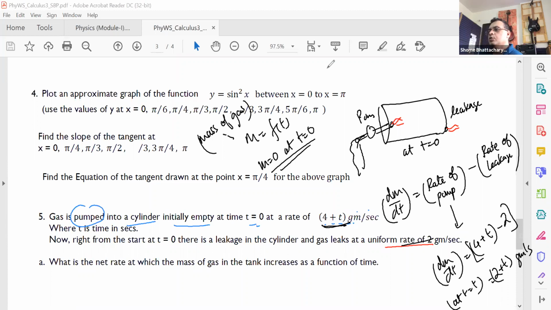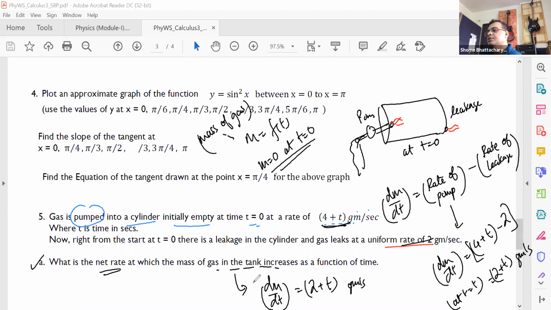Okay. Now let's see how we'll use this information to solve the rest of the question also. The first part we've got. So the net rate at which the mass of the gas increases with respect to time, that is this only. So this is 2 plus t. It's a variable rate.